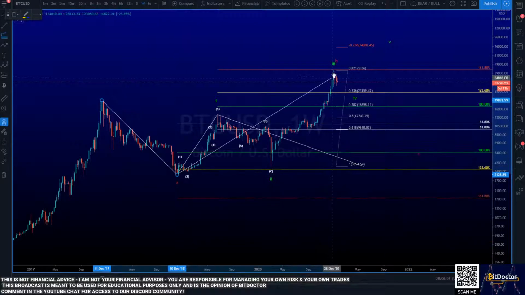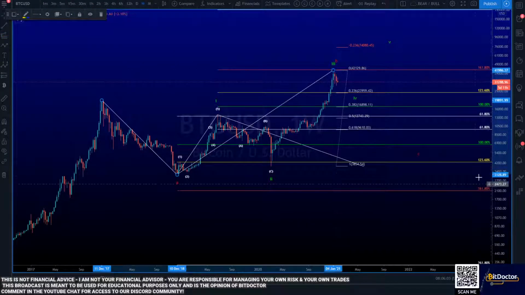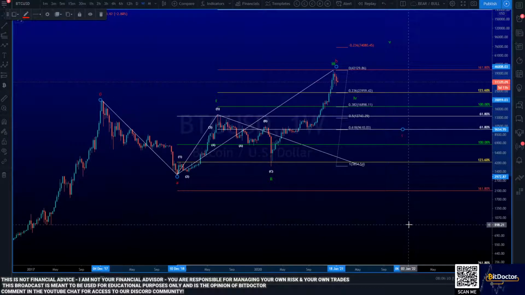We get that pullback right there. This C wave could come all the way back down here to 9,800. And if that happened, the 618 is sitting right there. That's the 618. So it's not too far-fetched to think that that could be what's happening.